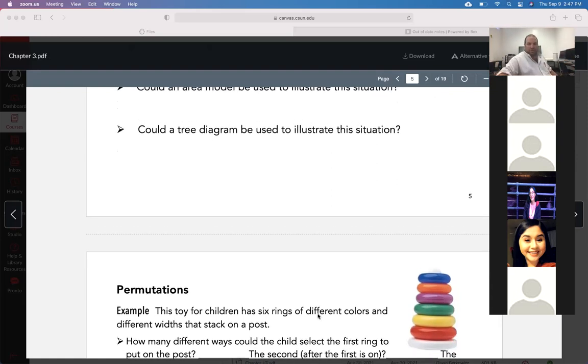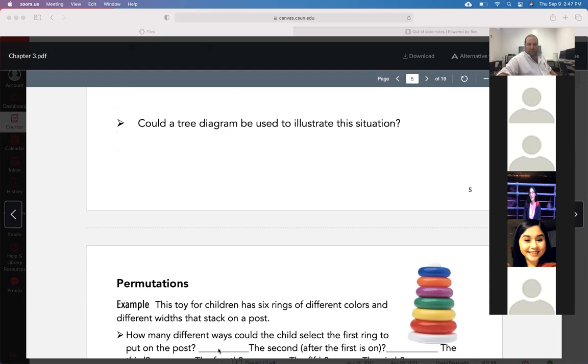How many options do you have for putting your first ring on the post? 6. It could be any one of the 6 rings, correct?